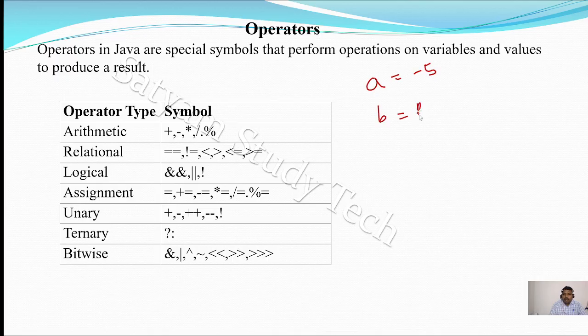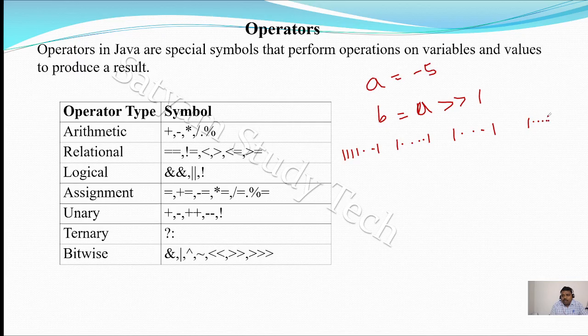So a right shift 1. What is the value here? First you represent -5 in 2's complement form, in 32 bits. The minus indicates 1 here, so you write 8 ones, 8 ones, 8 ones, and so on.